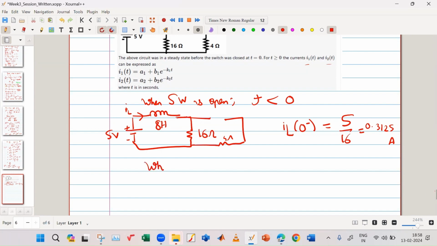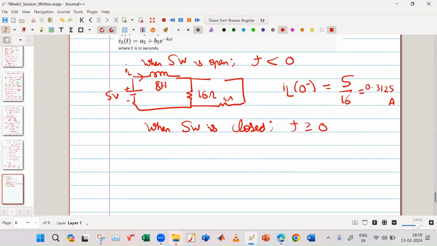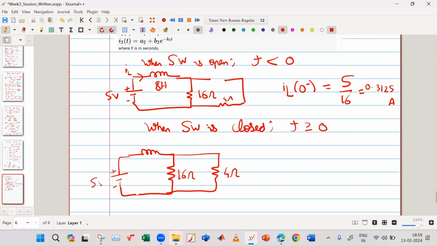Now when my switch is closed, t greater than or equal to 0, my circuit becomes this. Is this clear? This is my inductor current.